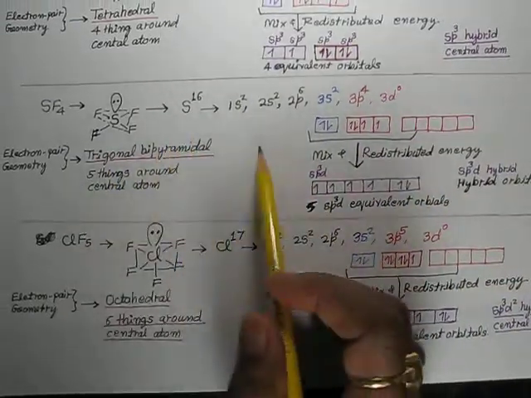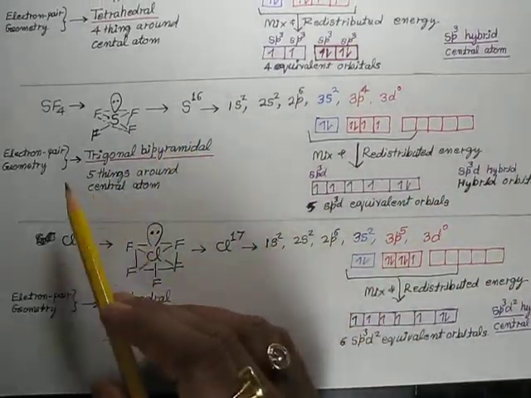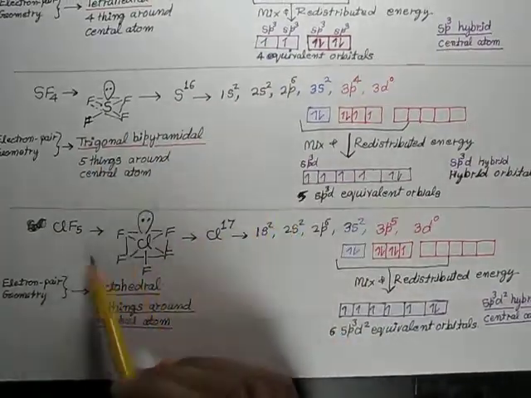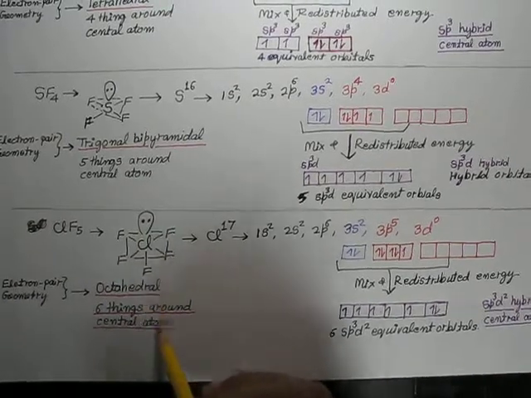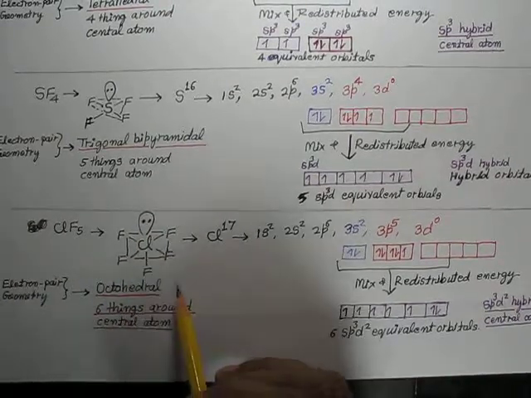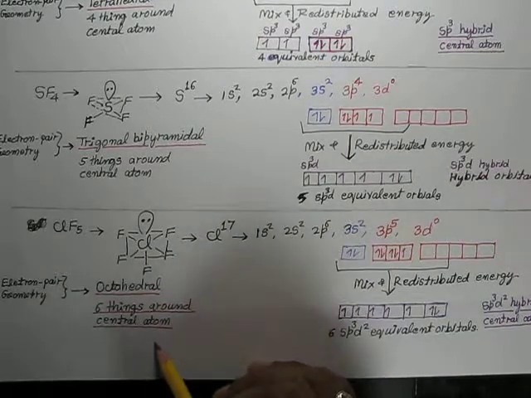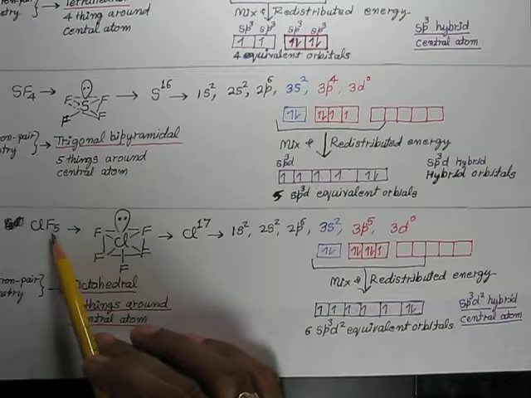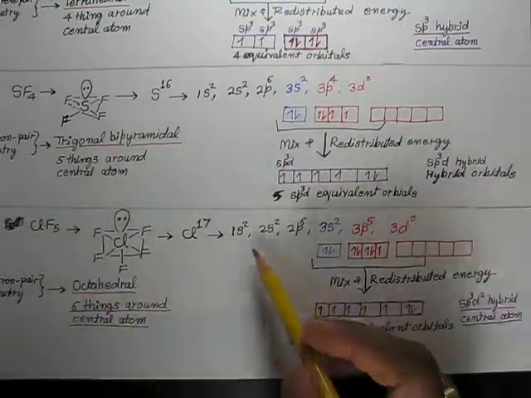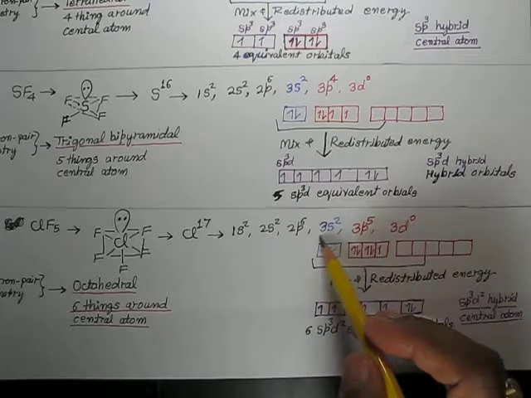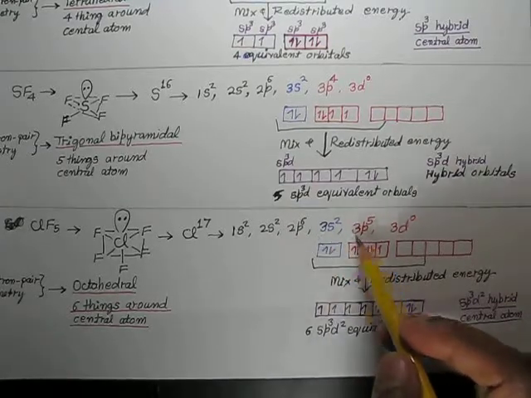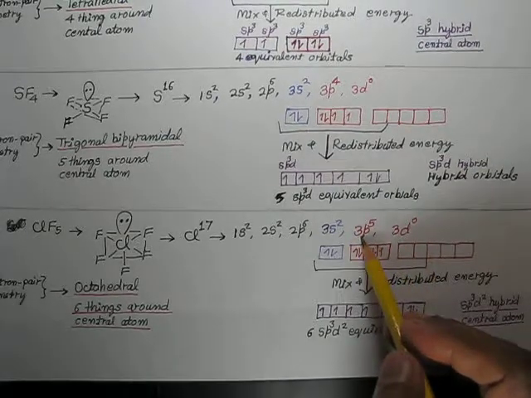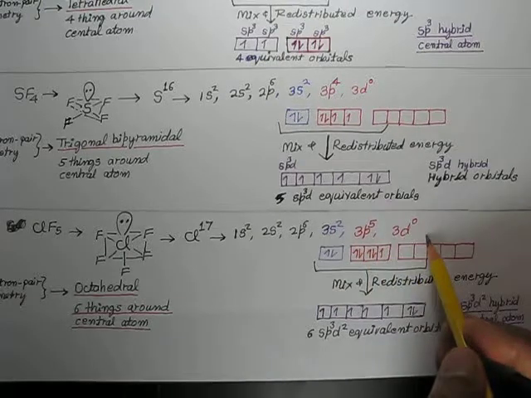So all the hybridization is based on the electron pair geometry, not on the molecular shape. This is important. And the last example here is octahedral, meaning 6 electron domains or 6 things around the central atom. For example, chlorine pentafluoride. When you write the electron configuration, you will notice that chlorine has valence electrons in the third shell, 2s2 2p6 3s2 3p5 and 3d0.